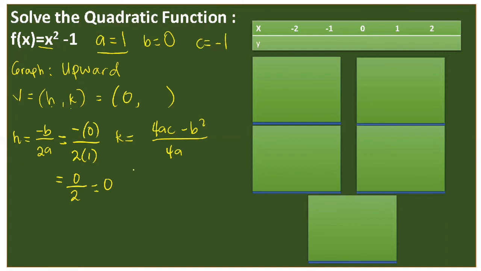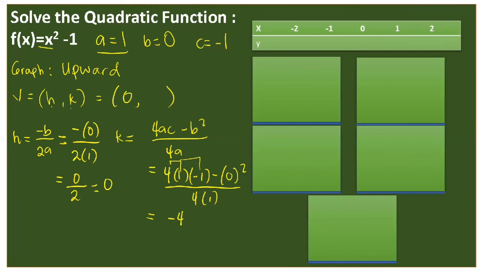Next is k. Let's substitute. 4 multiplied by a, which is 1, and c is negative 1, minus 0 squared, over 4 multiplied by 1, which is our a. Next is simplify. 4 times 1 is positive 4. Multiply by negative 1, it is negative 4.